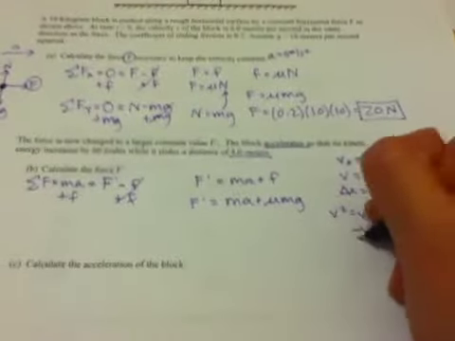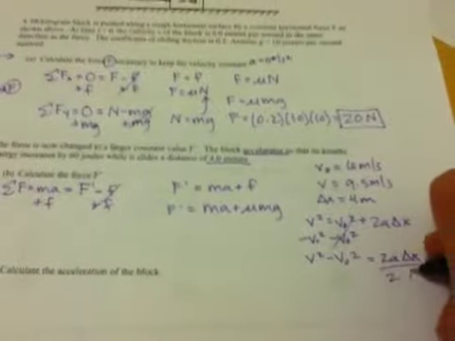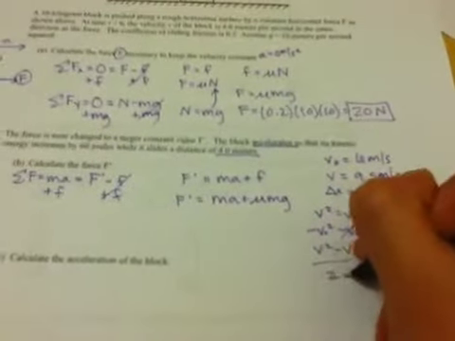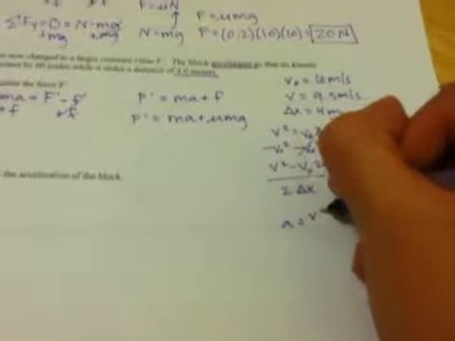We're looking for the acceleration, so subtract v naught squared from both sides: v squared minus v naught squared equals 2a change in x. Divide both sides by 2 change in x, and you get acceleration equals v squared minus v naught squared all over 2 times change in x.